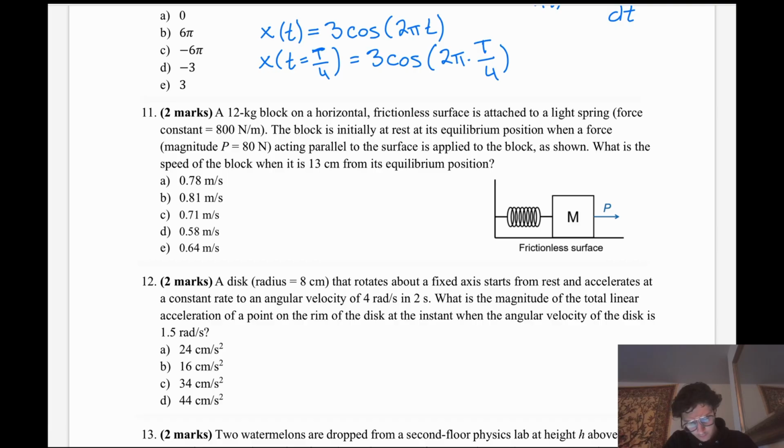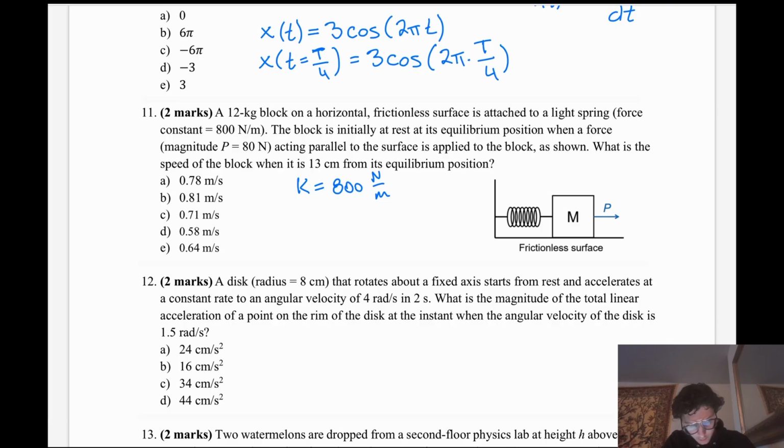So we are given a force constant, which is this spring constant. K is equal to 800 newtons per meter. And we pull it. The block is initially at rest at its equilibrium position when a force of 80 newtons acting parallel to the surface is applied to the block as shown.